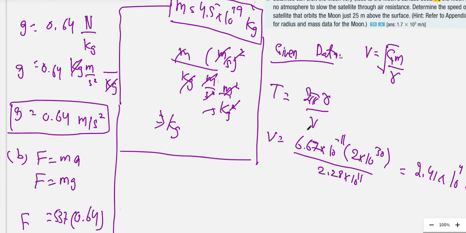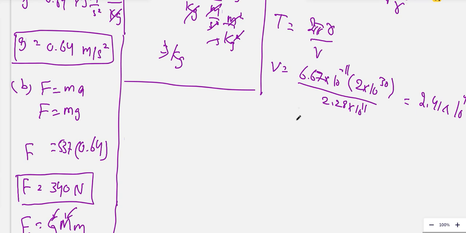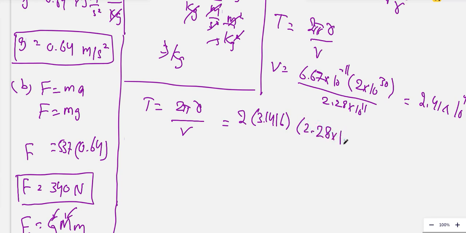Then you have to find the time period. The time period is equal to 2 pi r over v. Now we have the value of 2 pi, 3.1416, and r is 2.28 multiplied by 10 raised to power 11, divided by velocity, which is 2.4128 into 10 raised to power 4.